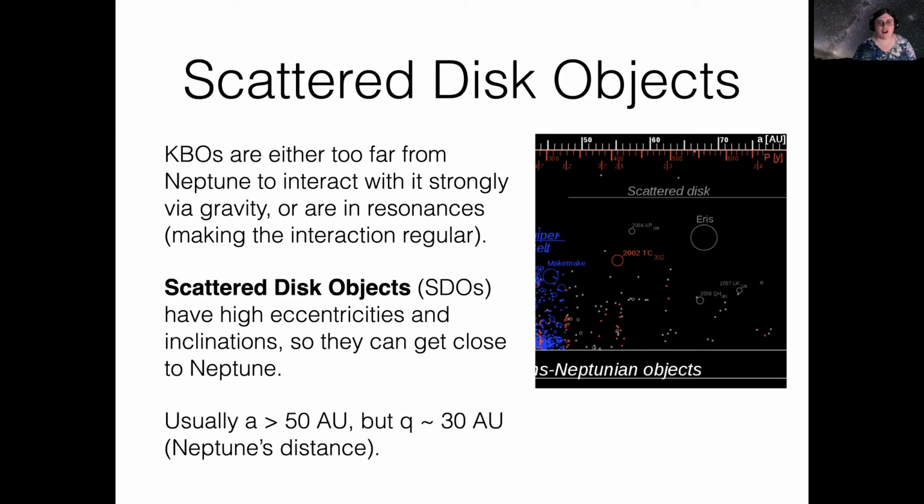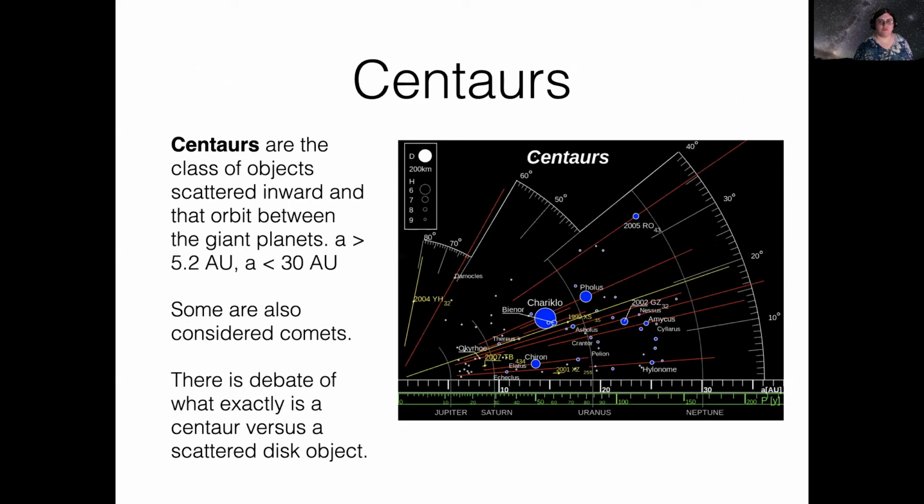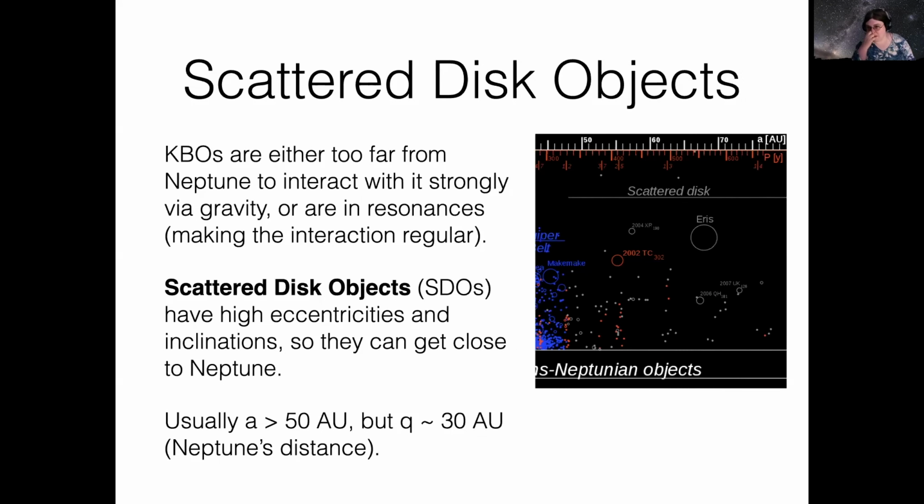Now, usually they're farther out than the Kuiper belt, but they have large eccentricities and also large inclinations, so they can get to 30 AU where Neptune is on a nice circular orbit. Eris is an example of this. These are harder to find because they're farther out. The farther you go out in the solar system, the harder it is to identify these objects. And there's also a lot fewer of them.